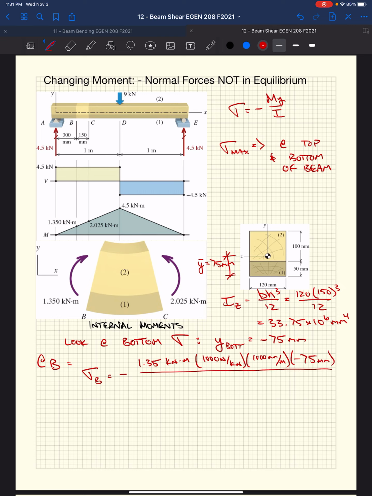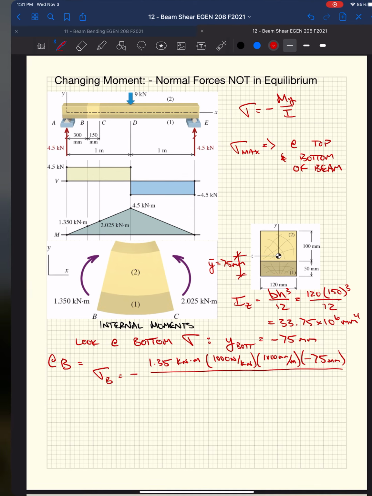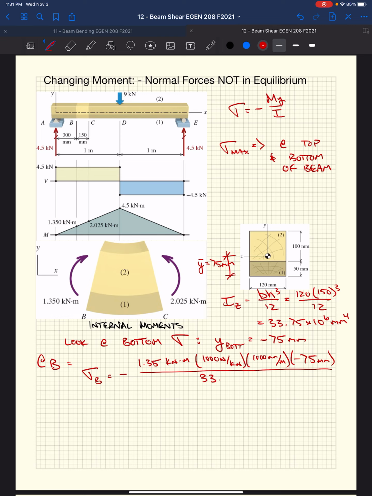I decided to make everything into newton millimeters. Divided by I, we decided is 33.75 times 10 to the 6th millimeters to the 4th. Everything cancels out here except for newtons per millimeter squared, or megapascals. So we have sigma B equals 3 megapascals.